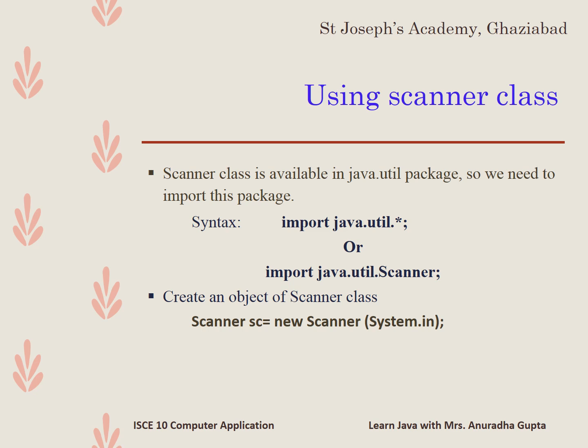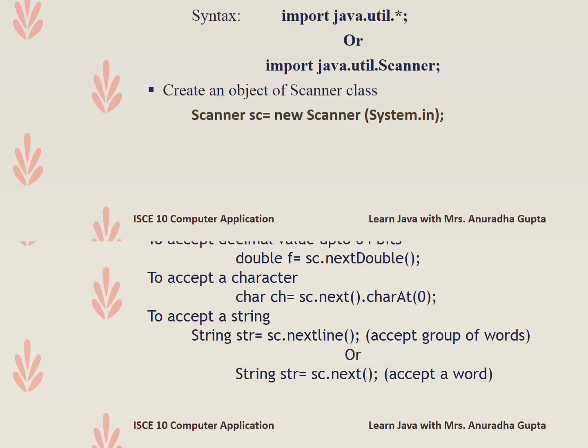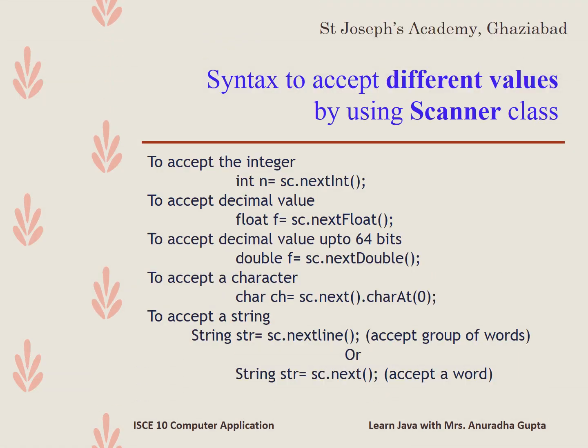Second point to use the Scanner class in our program is to create an object of the Scanner class by writing the statement Scanner sc = new Scanner(System.in). Next you have to learn the syntax to accept different values by using the Scanner class.